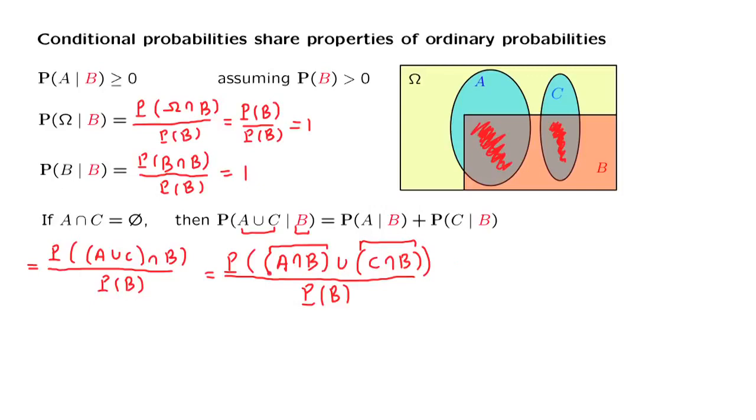Since they are disjoint, the probability of their union has to be equal to the sum of their individual probabilities. So here we are using the additivity axiom on the original probabilities to break this probability up into two pieces.